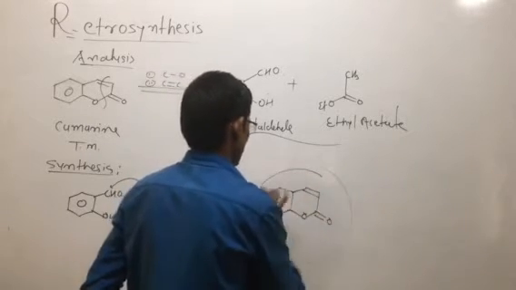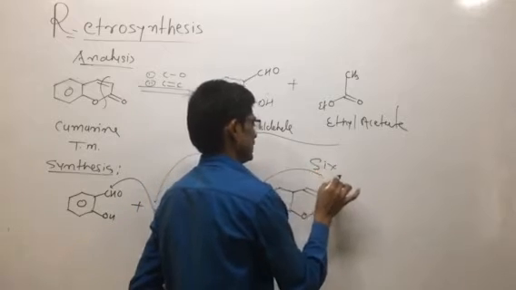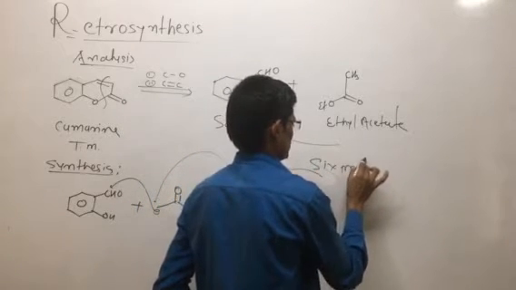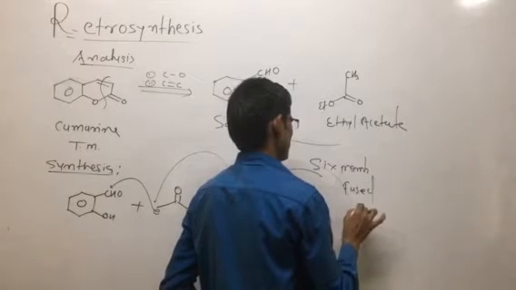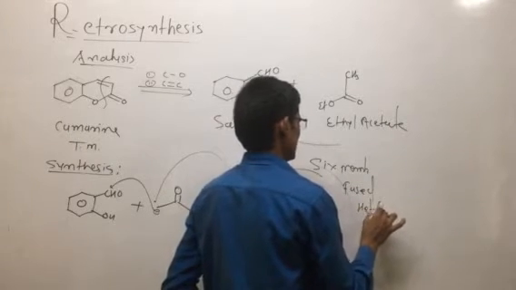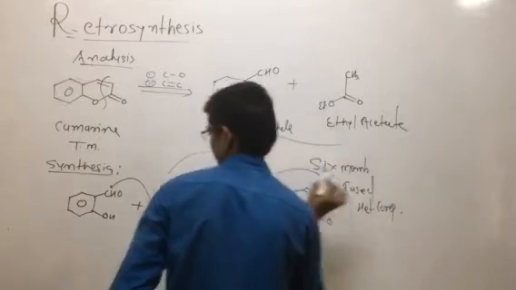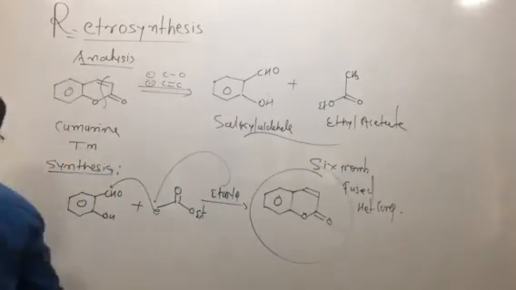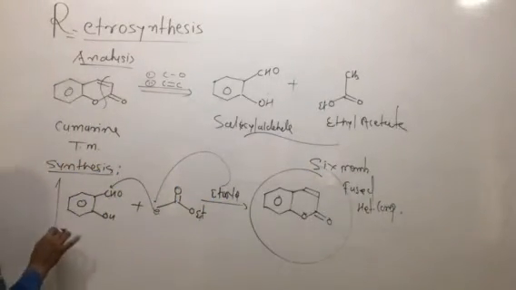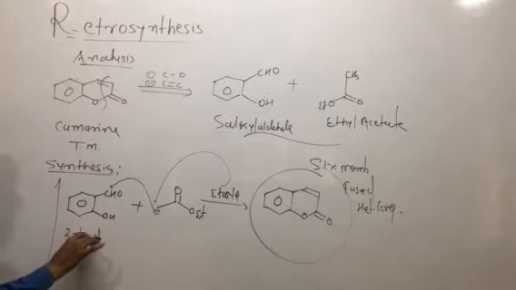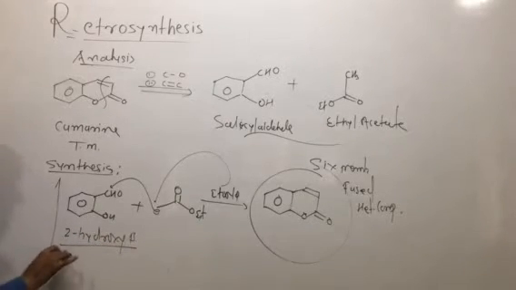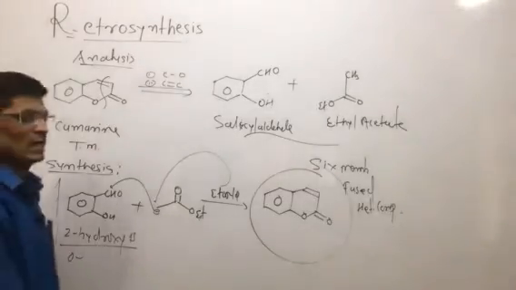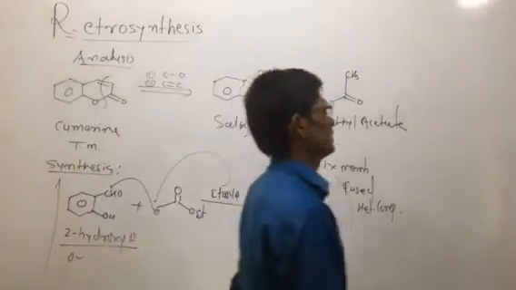It has a six-membered fused heterocyclic ring. These types of molecules are formed as six-membered fused heterocyclic compounds starting from 2-hydroxybenzaldehyde, or ortho-hydroxybenzaldehyde, known as salicylaldehyde.